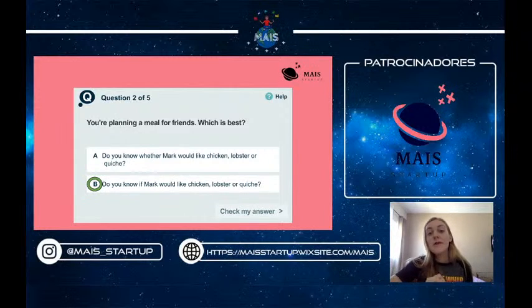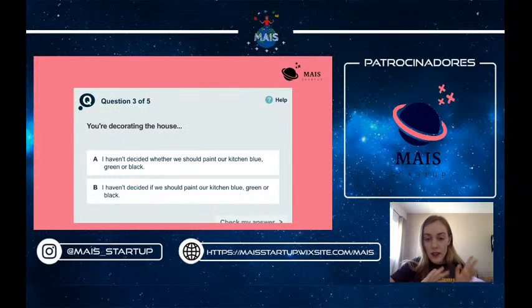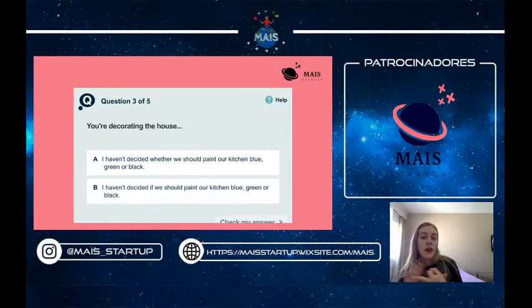And last question, you're decorating the house and the choices are: I haven't decided if you're gonna paint our kitchen blue, green, or black, or whether you're gonna paint something. Okay, so blue, green, or black. Well, are those the only colors in the world? No, they are not.